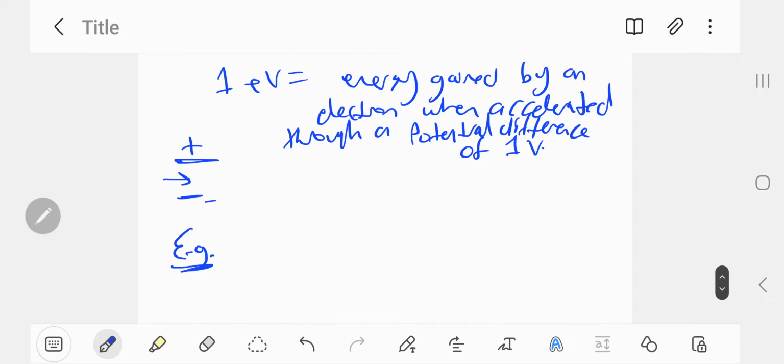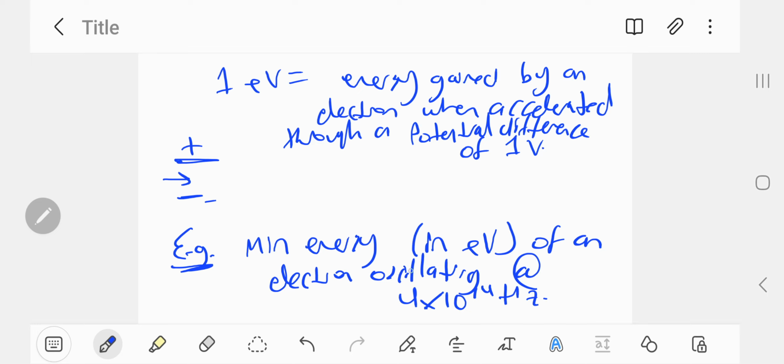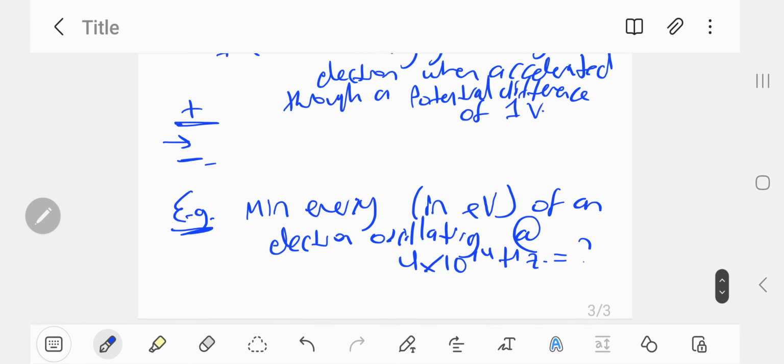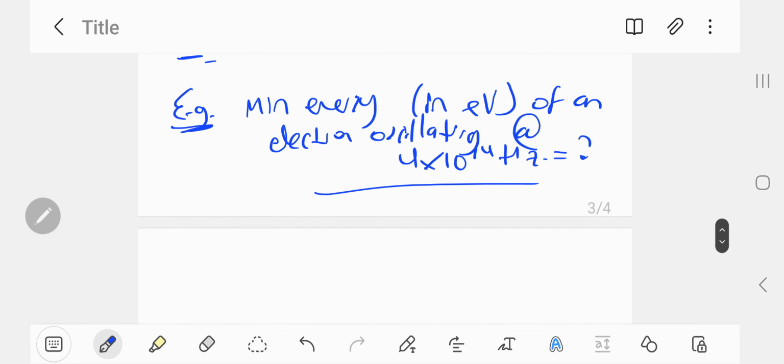Let's do an example to see how Planck's formula works. Suppose we need to work out the minimum energy, in electron volts, of an electron oscillating at a frequency of 4 times 10 to the 14 hertz. We need to use the formula E equals nhf, Planck's formula.